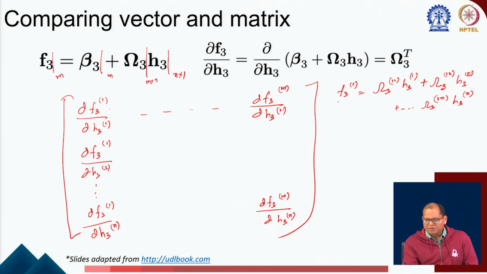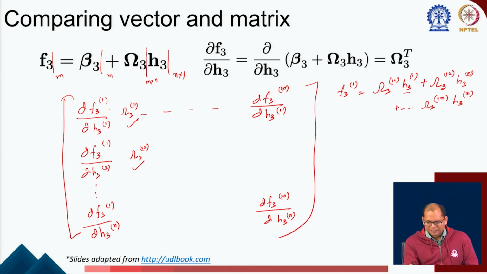Now if I do the partial derivative of F3 1 with respect to H3 1, I get omega 3 1 1. So here I will get omega 3 1 1, right. Now let's see F3 1 with respect to H3 2. So I will get omega 3 1 2, right, and immediately you can see why we are getting a transpose. 1 2 should have been here, but I am getting 1 2 here. So omega 3 1 1, omega 3 1 2, and similarly for m you will get the following.